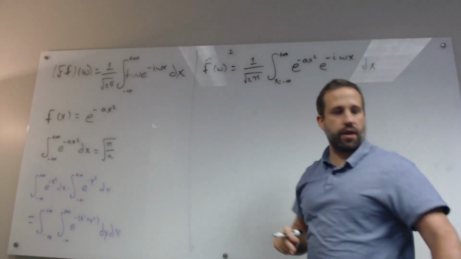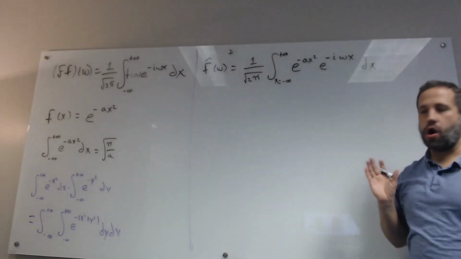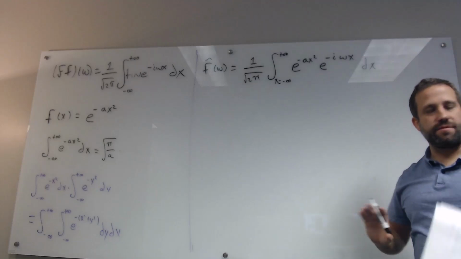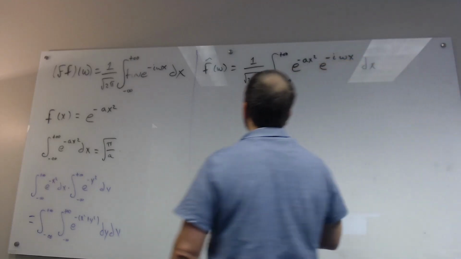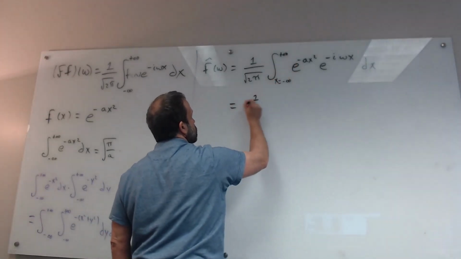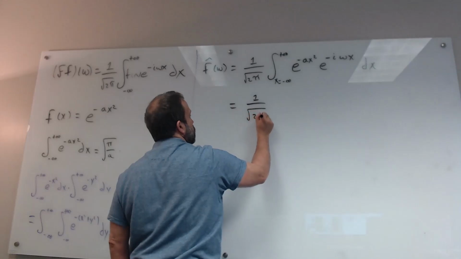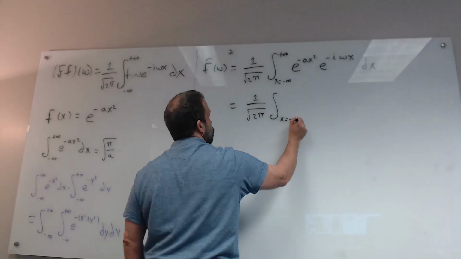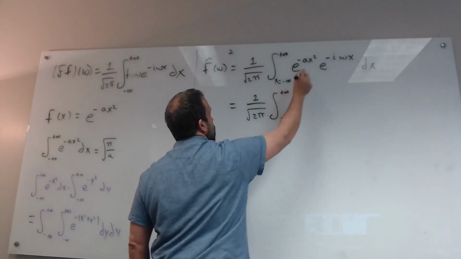This is probably going to be a somewhat long computation, but it's mostly straightforward. There are just some little things you have to do. Since this is an exponential, we have 1 over the square root of 2 pi times the integral from minus infinity to positive infinity.